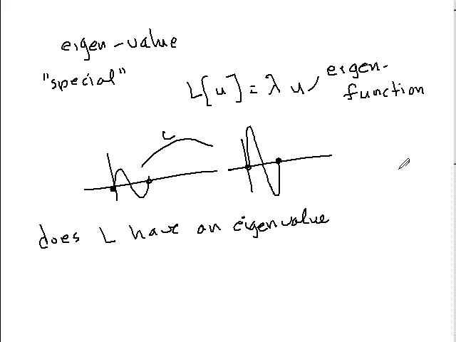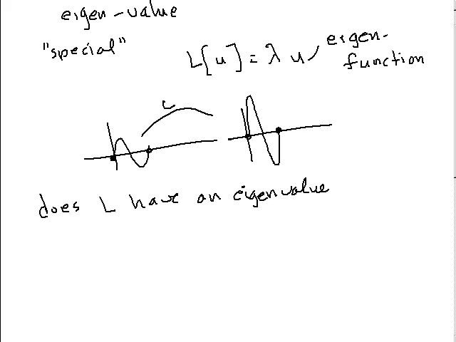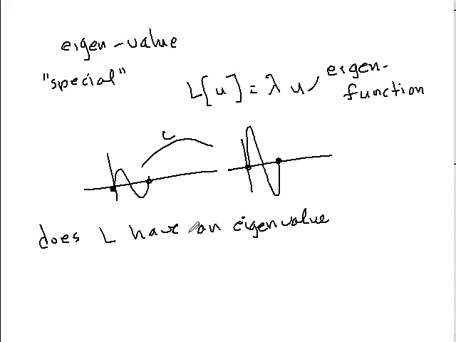So the question is you can ask about 0, but lambda could also be real or complex. So the existence of eigenvalues, whether they're bounded or not, so there are many, many deep questions. So here are some questions about eigenvalues, which are not easy to answer.